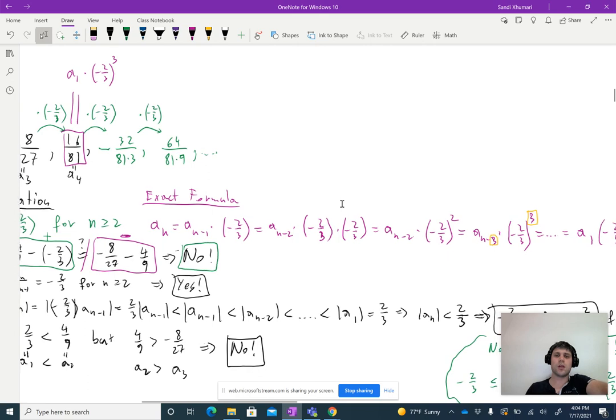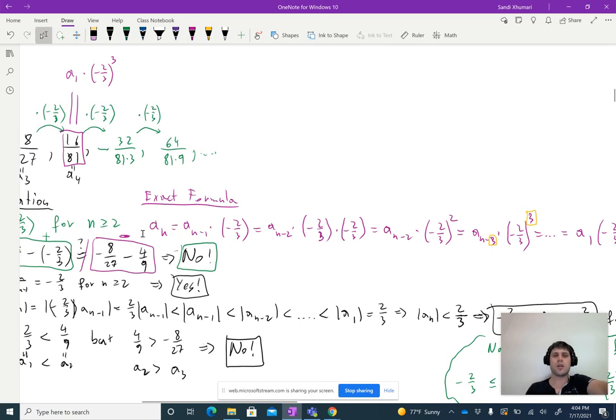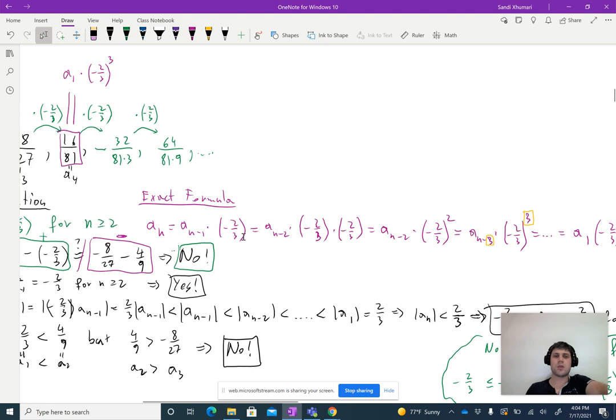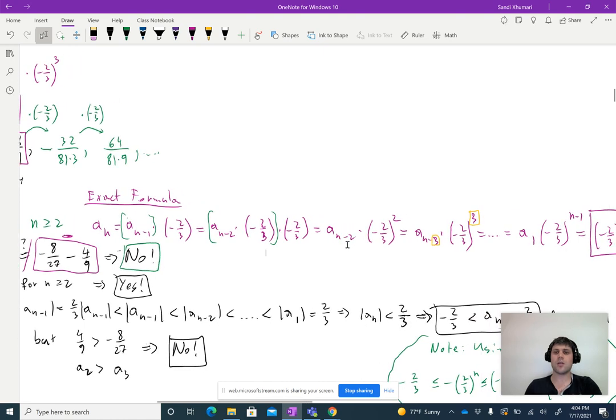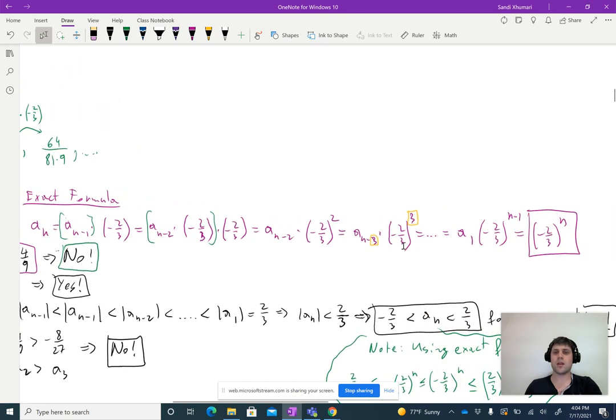And another way to look at this more algebraically is to think about the recursion here. a sub n is a sub n minus 1 times negative 2/3, and a sub n minus 1 itself is a sub n minus 2 times negative 2/3, the previous term times negative 2/3. And so we have negative 2/3 squared now. And then you keep going like that, you get a sub n minus 3, and the exponent goes up by 1.